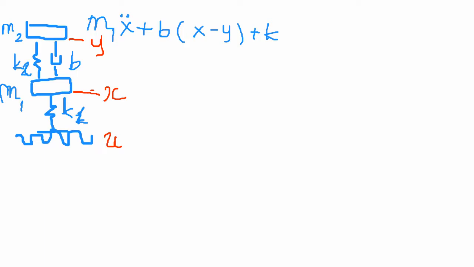Oh, this is K2. This is K1. So K2 times X minus Y is equal to m1 times x. Wait, that's not right. I'm erasing it.